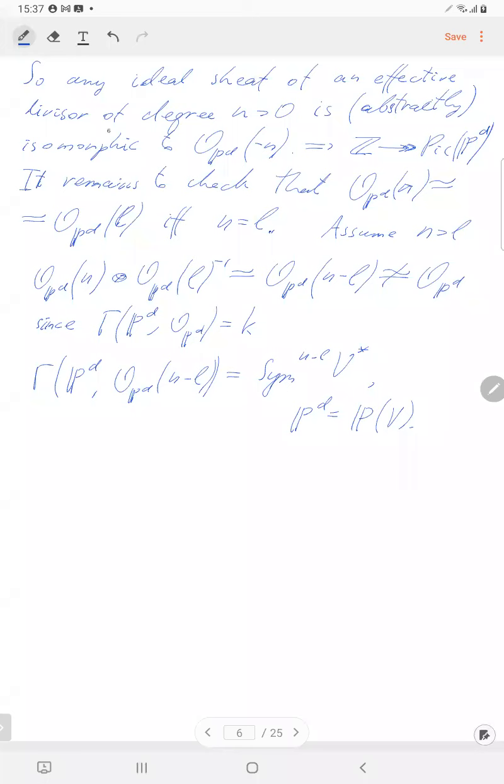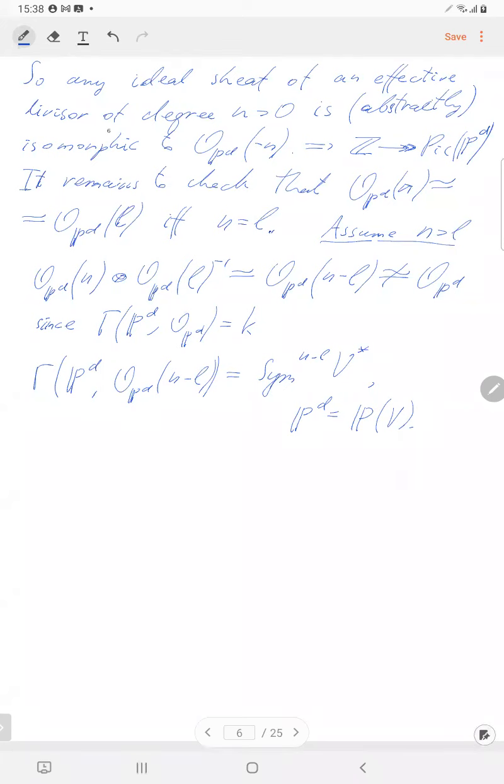What could be zero? The global sections of, if n. Right, but for this reason, I assume that n is bigger than L. But your argument is perfect, absolutely. It's even easier in the opposite direction, because it's just zero. Anyway, it's not K, I mean, it's not our base field.